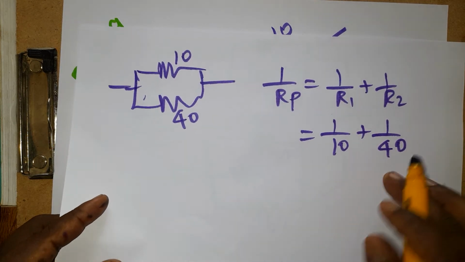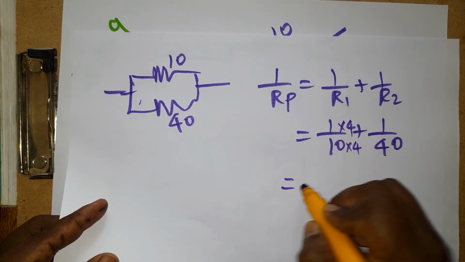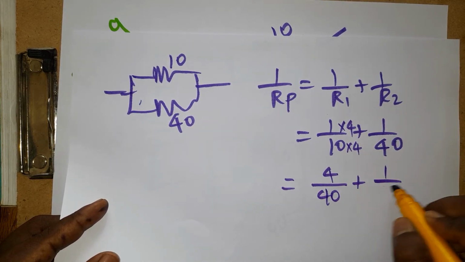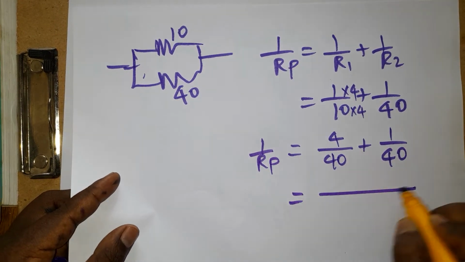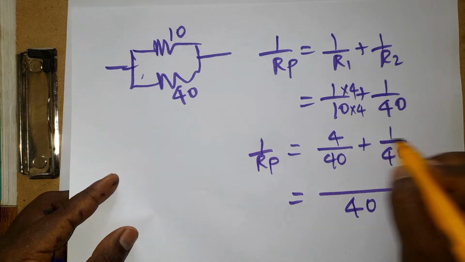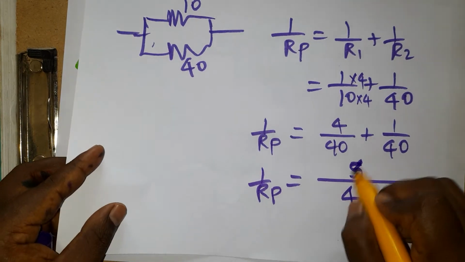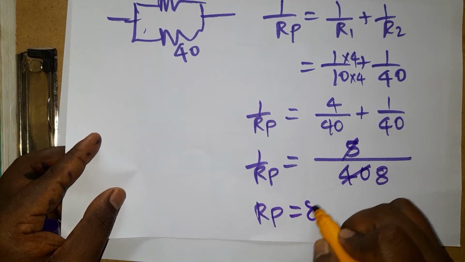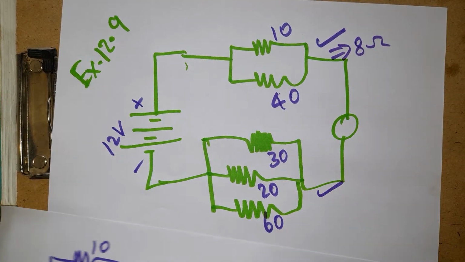You can do cross multiplication, otherwise multiply with 4, because the common LCM is 40. 4 by 40 plus 1 by 40, 4 plus 1 is 5, so 1 by Rp is 5 by 40. Flip the equation and we get 8 ohms. Now we'll do the next solution.